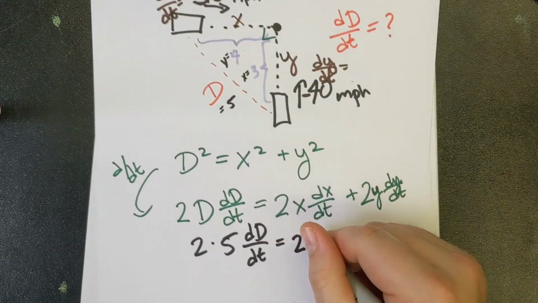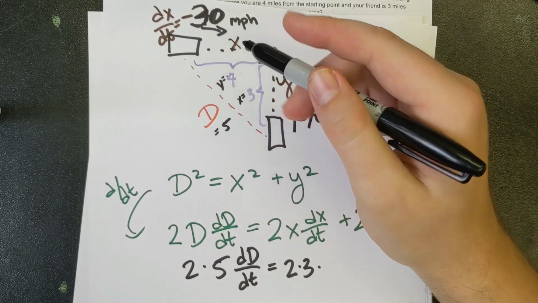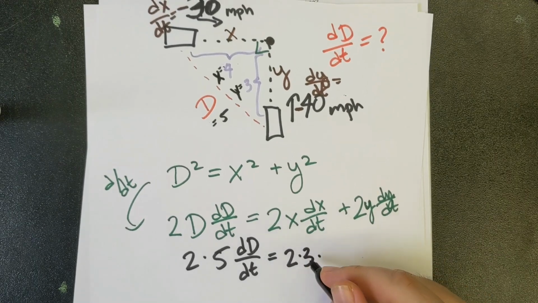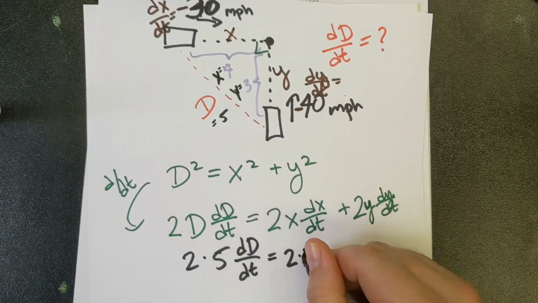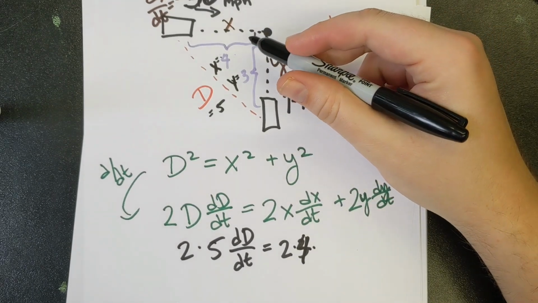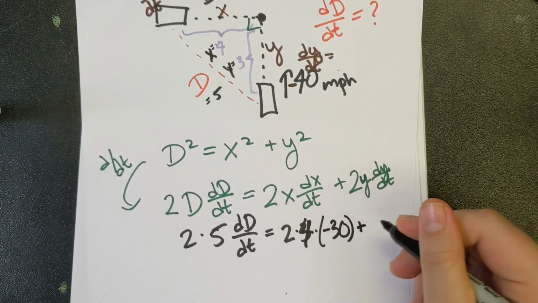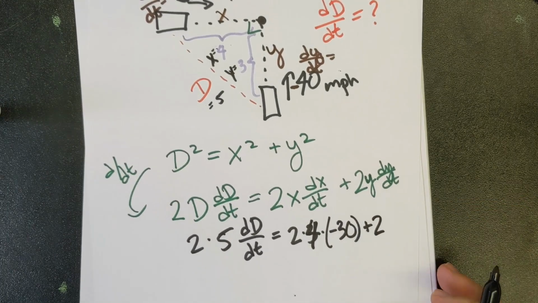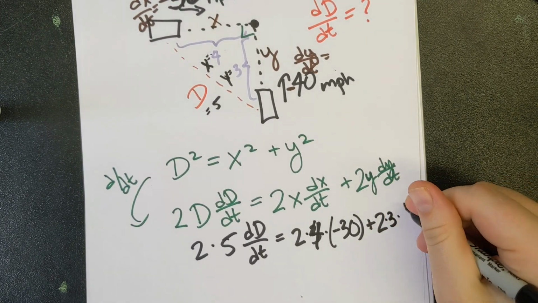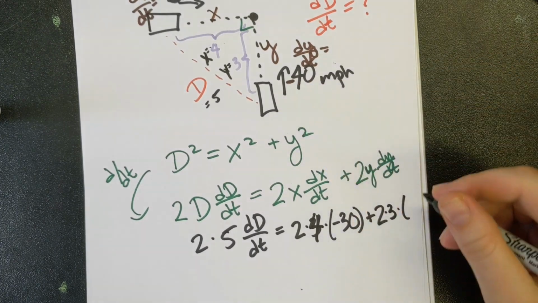Oh, dang it, this is y and this is x, so my x is actually 4: 2 times 4 times dx/dt, which is minus 30, plus 2 times y, which is 3, times dy/dt, which is minus 40.